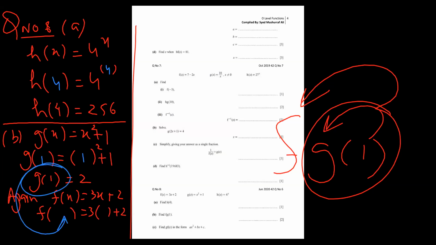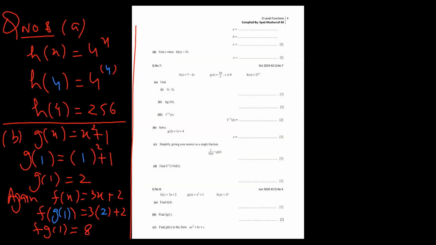This value I will copy here. So let's write g of 1. And here I write 2. After this, what is the situation? You understand? Left hand side, I got f g of 1, and 3 times 2 is 6, 6 plus 2 becomes 8. So I have done this part, alhamdulillah, very easily.